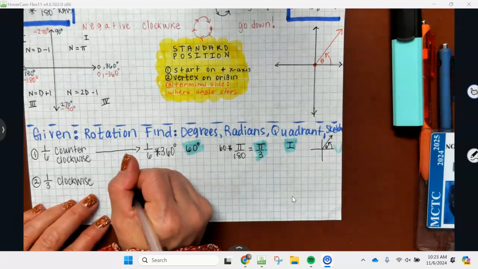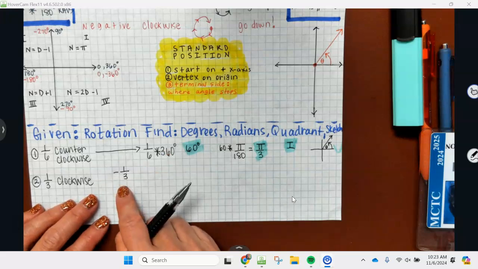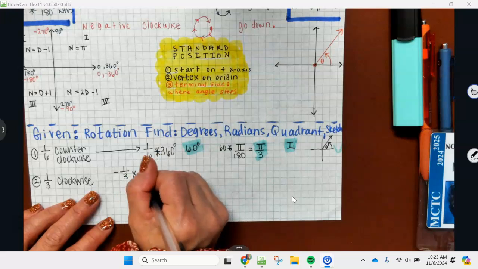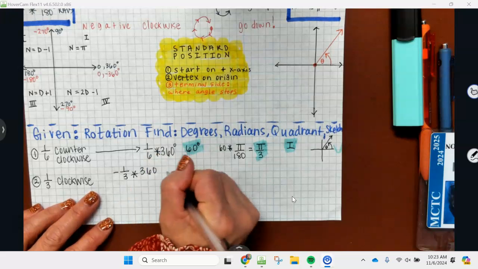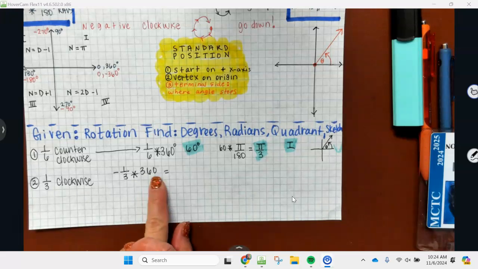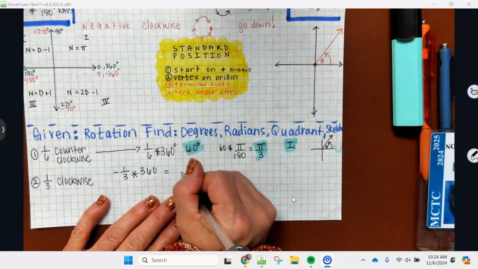So we're going to do 1/3 and make it negative because we went down. Negative 1/3 times 360 degrees. Does anybody know 360 divided by 3? If not, you have a calculator. What's 360 divided by 3? 120. Okay, let's make it negative.